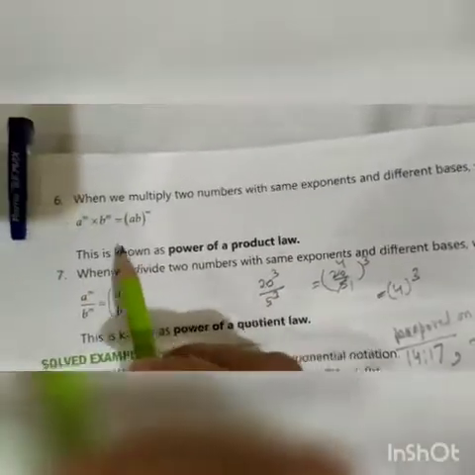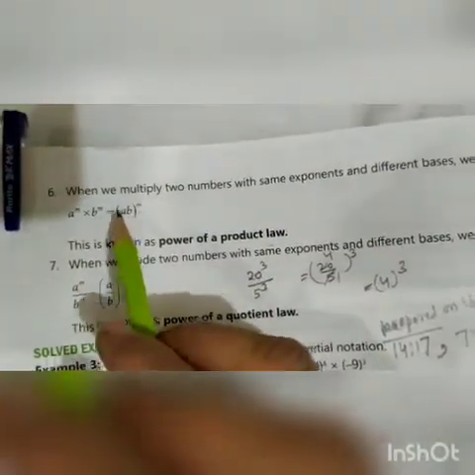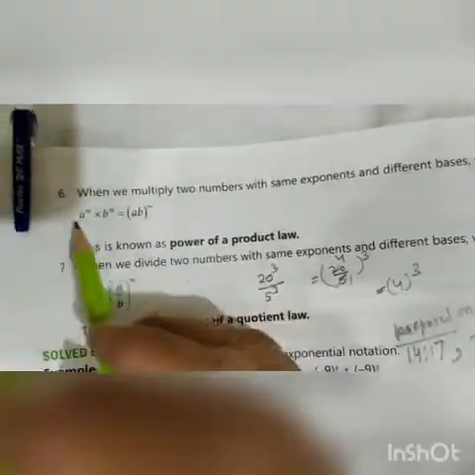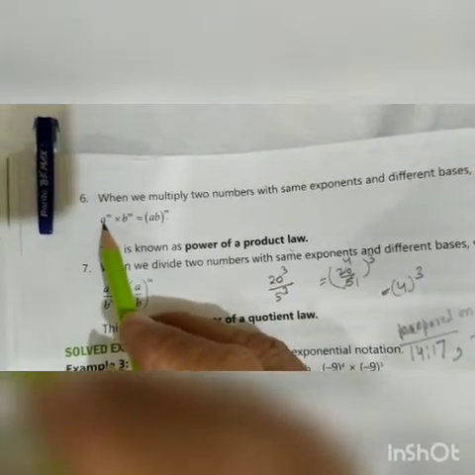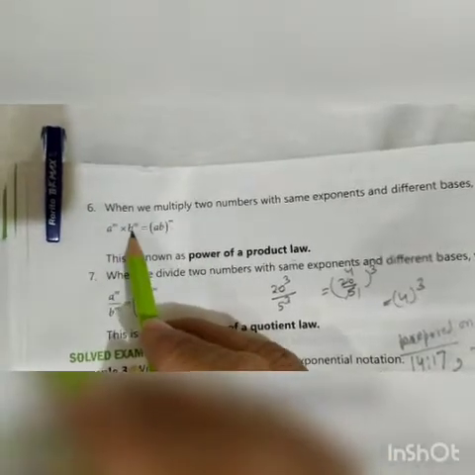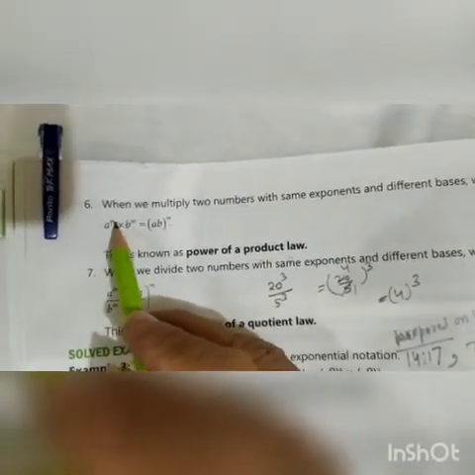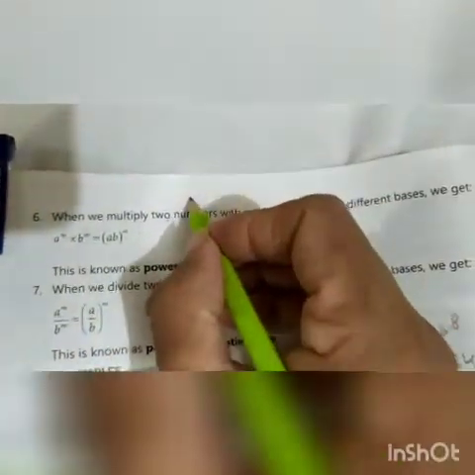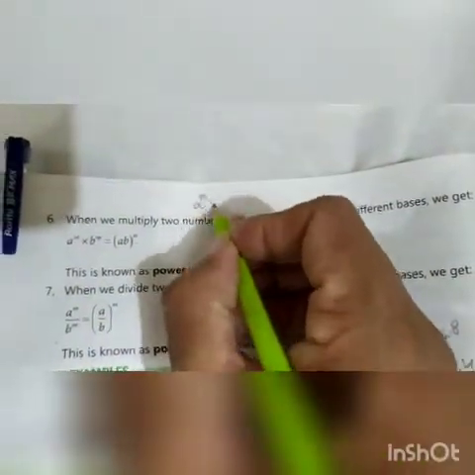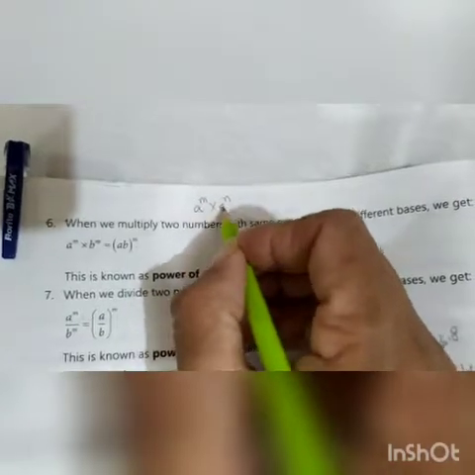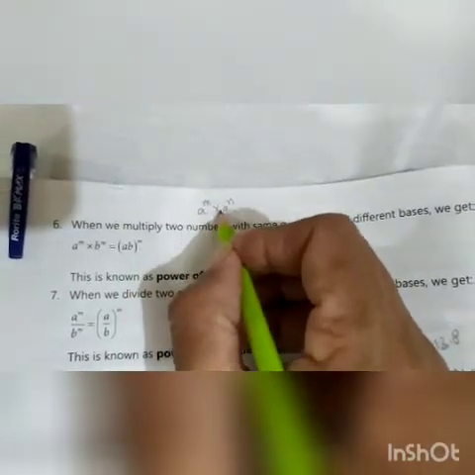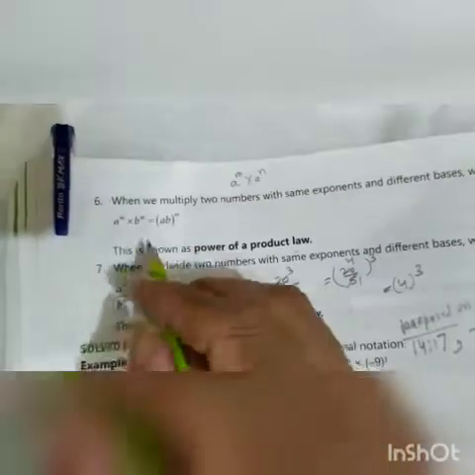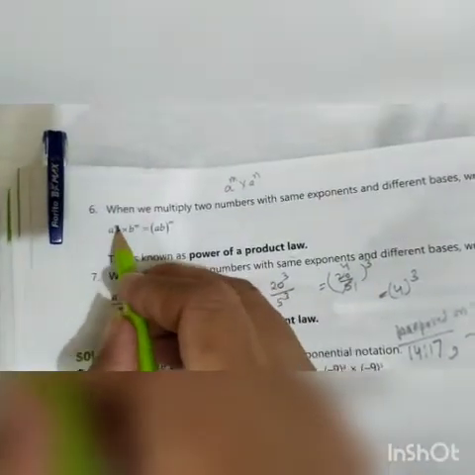Earlier I told you bases should be the same, but this time we are multiplying two numbers whose bases are different. This is a power m into b power m. Both the bases are different, but their powers are the same. In the earlier case, a power m multiply a power n, the bases were the same and the powers were different. But this time bases are different and powers are the same.